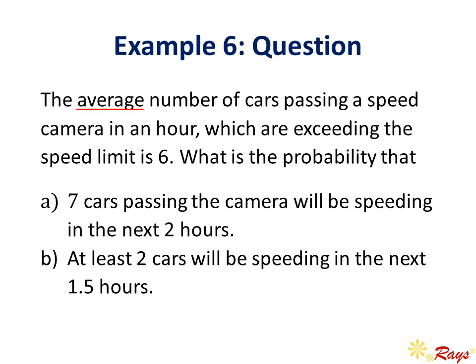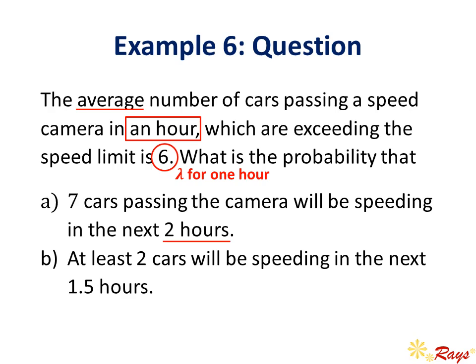We are given the average here. The average for an hour is 6. So this is actually the lambda for 1 hour. If you look at question A, 7 cars passing the camera will be speeding in the next 2 hours.